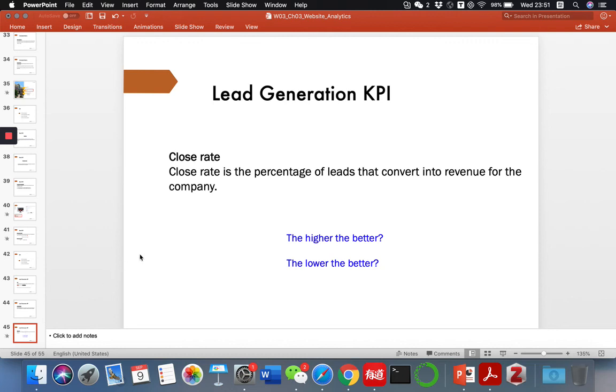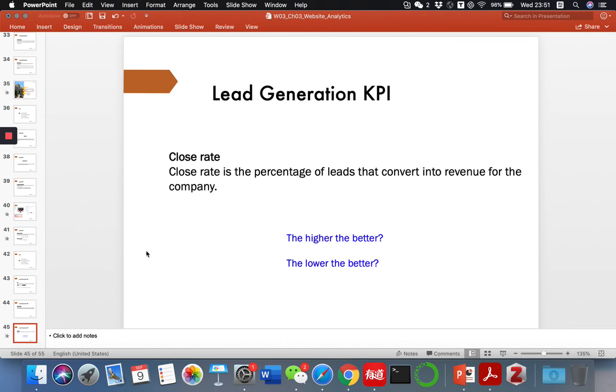Close rate. Close rate is the percentage of leads that are converted into revenue for the company. Because we can consider lead generation a middle point to the ultimate objective, right?